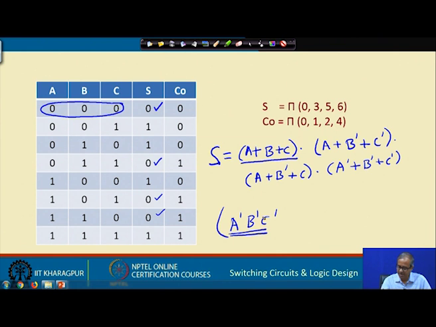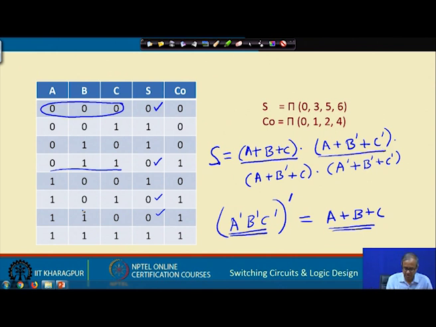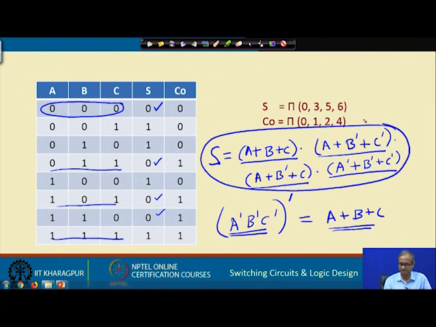See, just apply De Morgan's law, not of a bar, b bar, c bar is nothing but a or b or c. So, we are actually applying the reverse. 0 0 0 is 0 means not 0 0 0 is 1, not 0 1 1 is 1, not 1 0 1 is 1, not 1 1 1 is 1. So, this and this and this and this will represent my function sum.